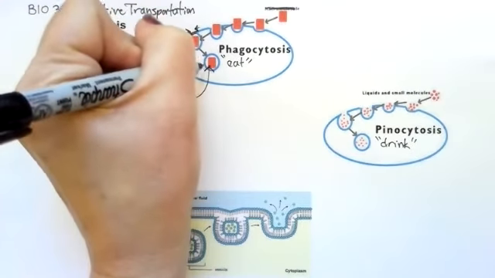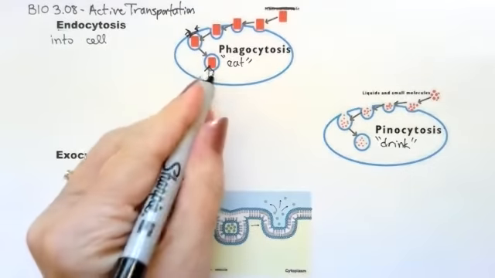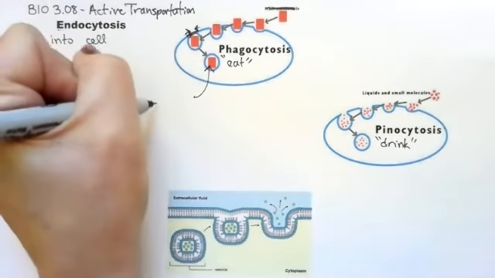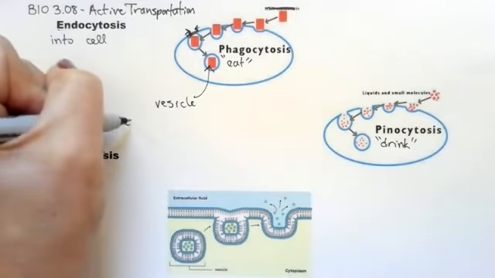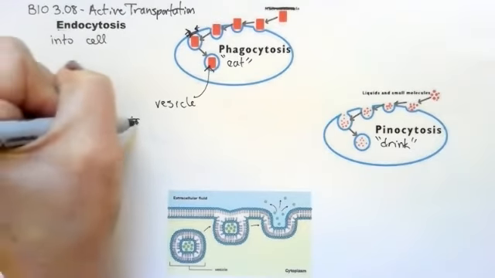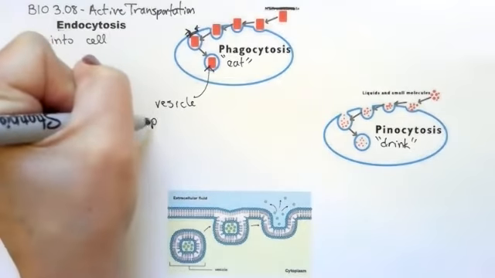Now, this blue circle that used to be part of the cell membrane is called a vesicle. A vesicle is just a circular membrane, or actually it would be spherical. This is 2D.